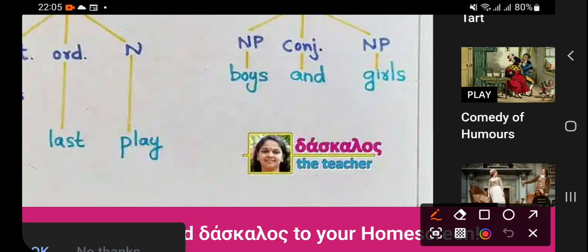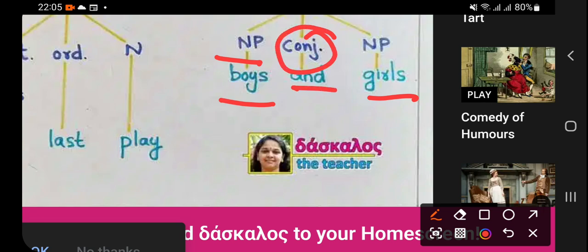Another example is "boys and girls". So what is in this noun phrase? "Boys" is a noun. I told you one word is also called noun phrase. So "boys" is a noun phrase, "girls" is a noun phrase, and in the middle a conjunction is there. This way a noun phrase is analyzed, and we come to know that sometimes in a noun phrase only one word is there, which is denoted NP. NP is noun phrase, and in a noun phrase a preposition may be there, an adjective may be there.